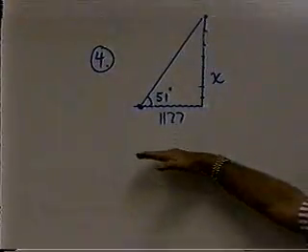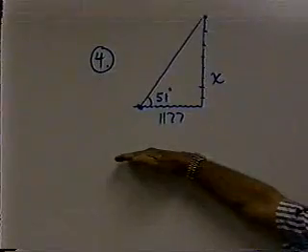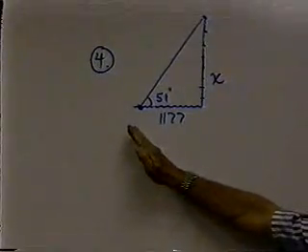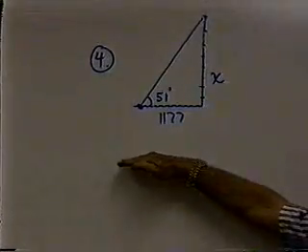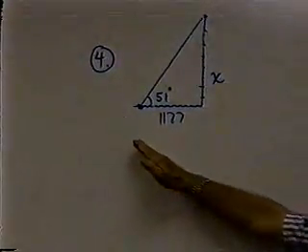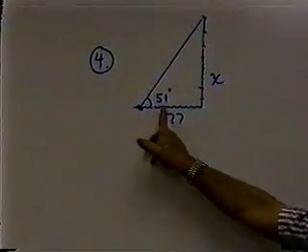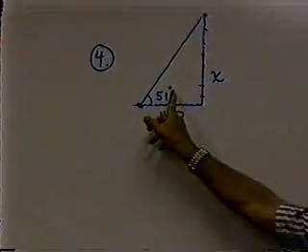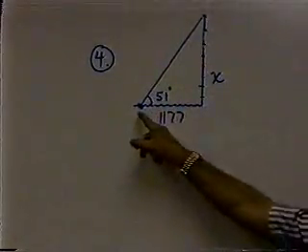Angle of elevation is the angle measured from a horizontal line up to whatever you're viewing or measuring. So the angle of elevation is 51 degrees from the horizontal.